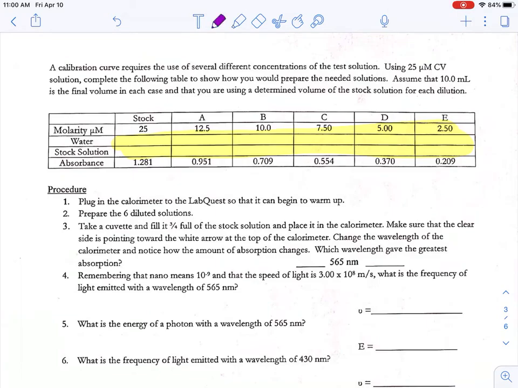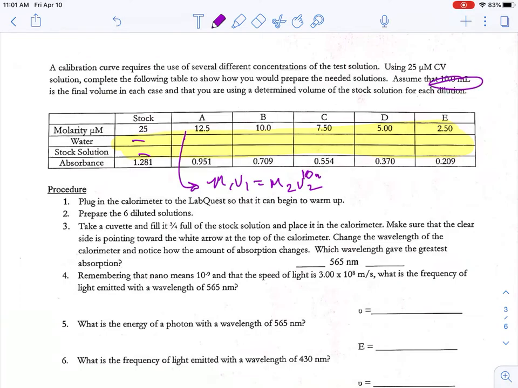Obviously for the stock solution, there was no water; it was all just the stock solution. Let me give you a hint, just like we did on the iodine lab: you're going to use M1V1 equals M2V2. In this case, we're going to mix up 10 milliliters of this stuff.